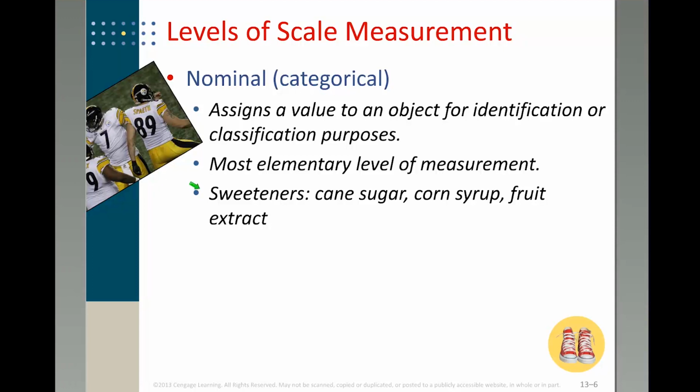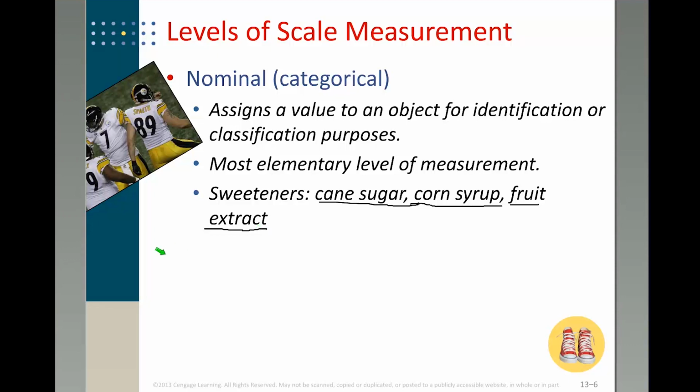For example, if we're talking about sweeteners, it could be cane sugar, it could be corn syrup, it could be fruit extract, right? If you think about these 3 categories, they're different categories, but you don't have a way to rank order them, right? You can't say one is better than the other. So basically, this is the lowest level. You only care about their characteristics or their classification.